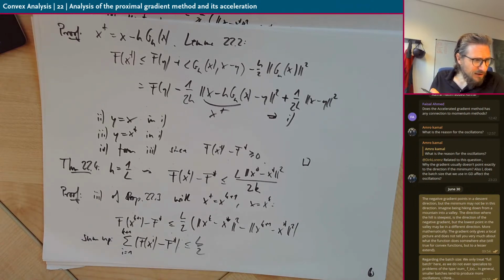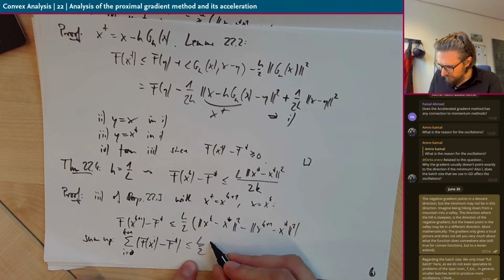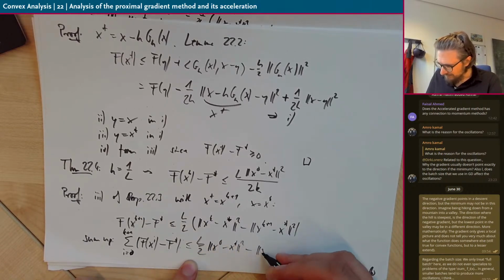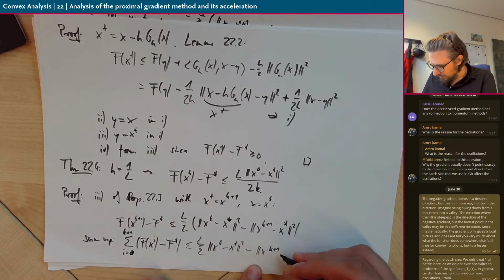Actually, I think I have to start at 0. Yeah, I wanted to start at 0. So if you start at 0 here, the first one is x0 minus x star. That's good. And the last one is xk plus 1 minus x star.